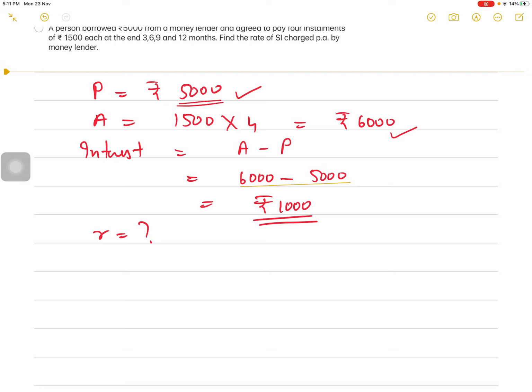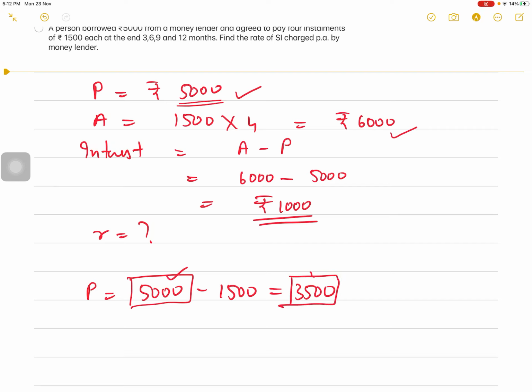So what is happening here is, principal amount is 5,000 for the first 3 months. Then 1,500 is paid after the 3rd month. Now the outstanding is 5000 minus 1500, which is 3500. So for the first 3 months, principal is 5000. For the next 3 months, principal is 3500.